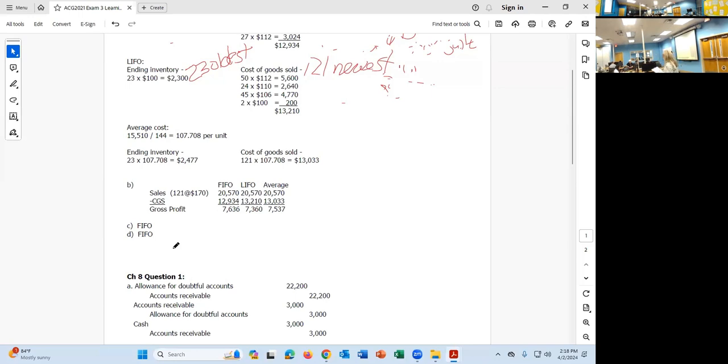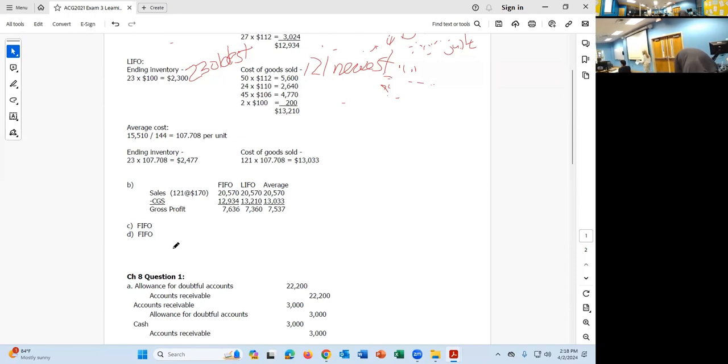The primary benefit of FIFO is the higher net income because it's the lowest cost, but also the amount in ending inventory most closely replicates our current cost. Because our current cost is our most recent cost.